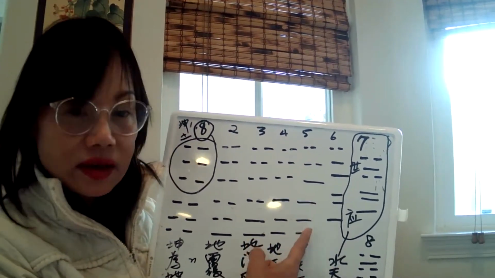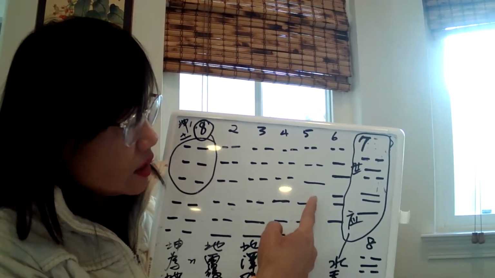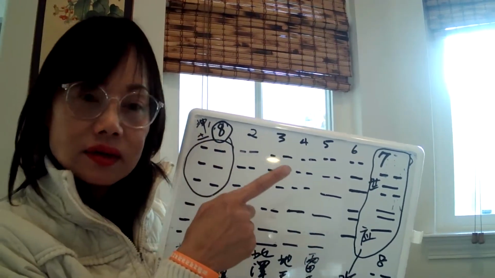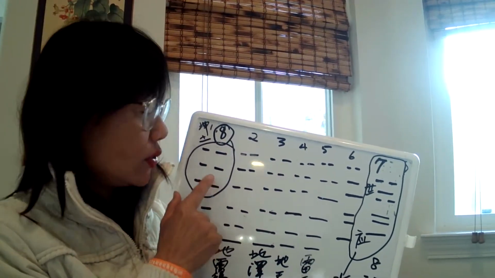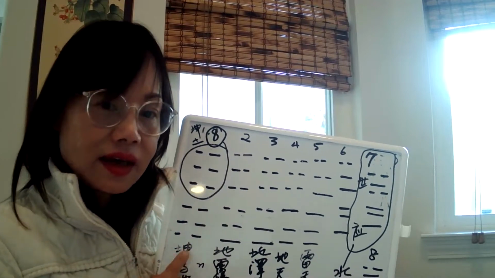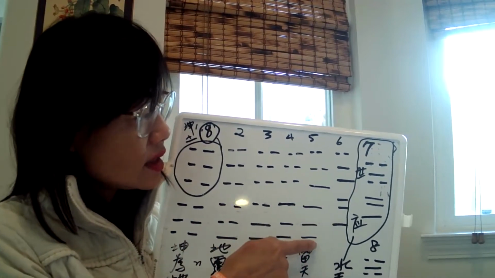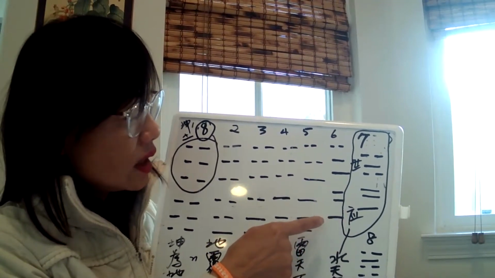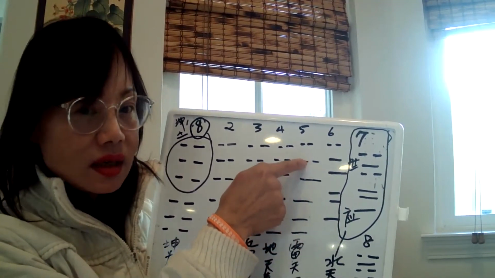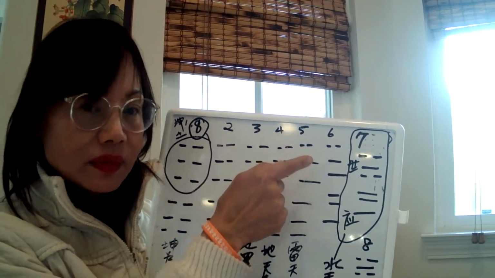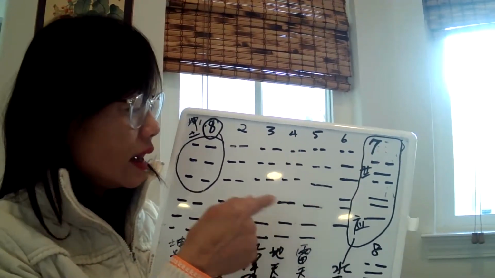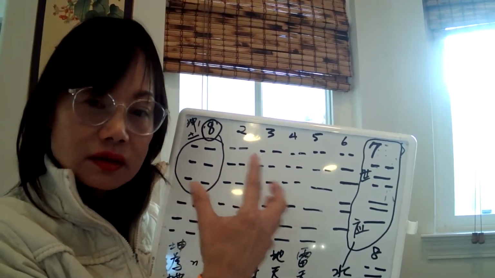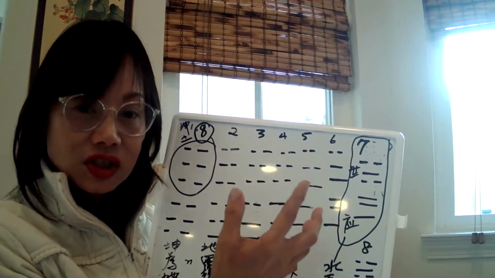Okay, and can you see the yang energy continues to go up in this palace, and they are supposedly Earth, which is yin energy. So when we see this continue going up, we can see the yin energy continues to decrease. It shows that the palace goes to the end, and the yin energy is continually replaced by yang energy.